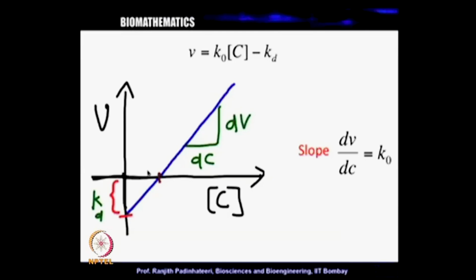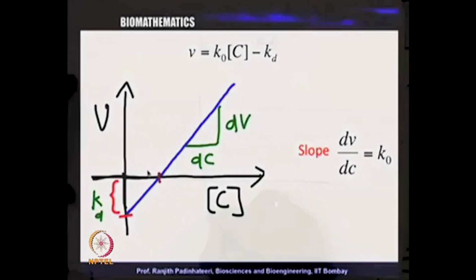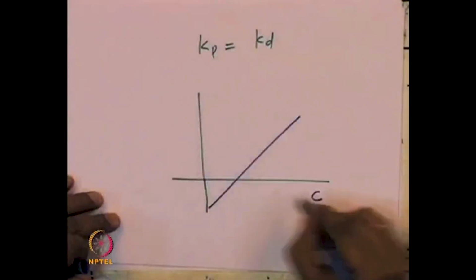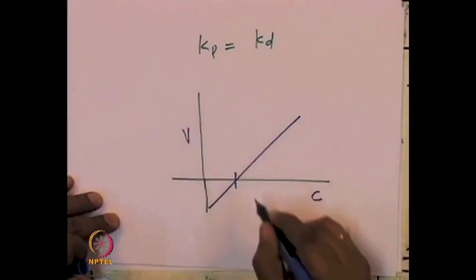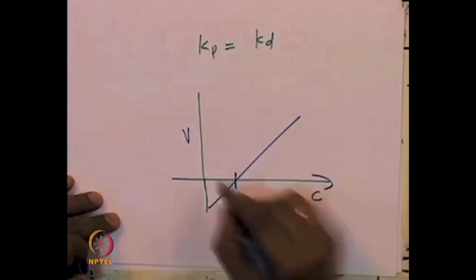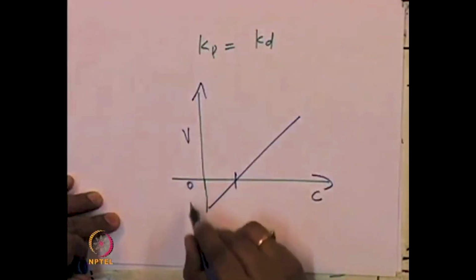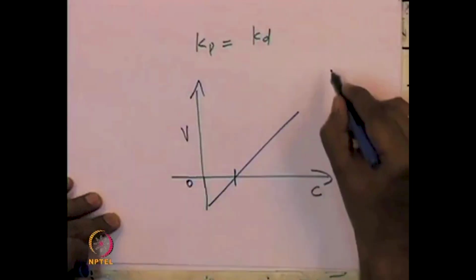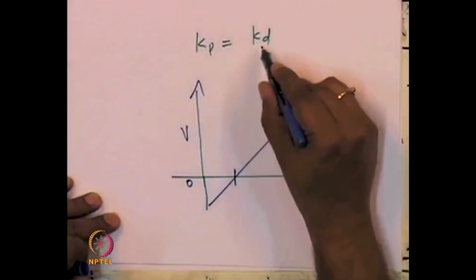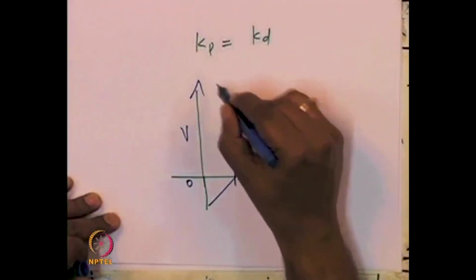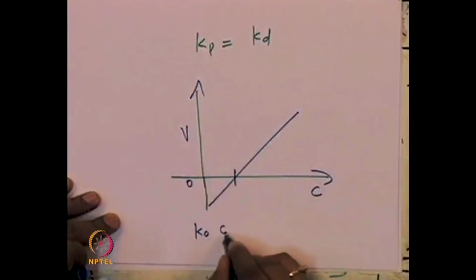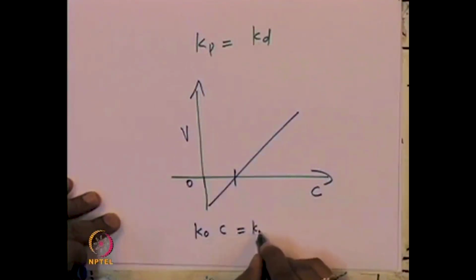So, if you plot a curve of C versus V, at some particular point the velocity will be 0. The concentration at which the velocity is 0 means Kp equals Kd, and we learned that Kp is nothing but K0 C, equal to Kd.